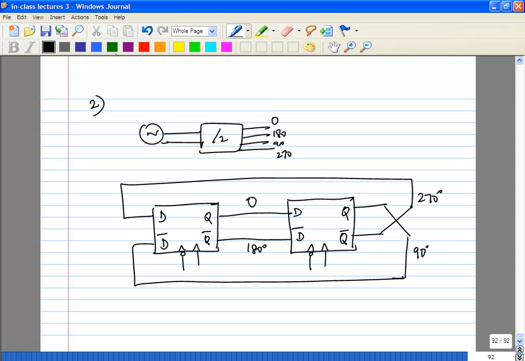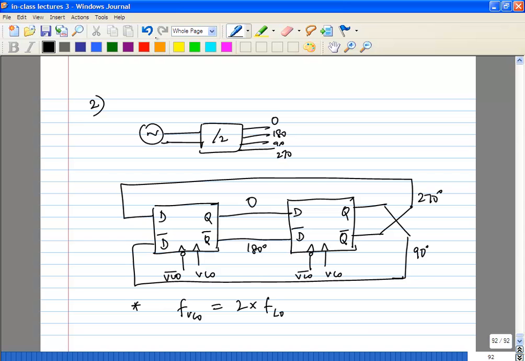Of course, you need your input frequencies, right? The clock inputs get the VCO signals. So obviously the VCO needs to be twice the frequency of your LO frequency.